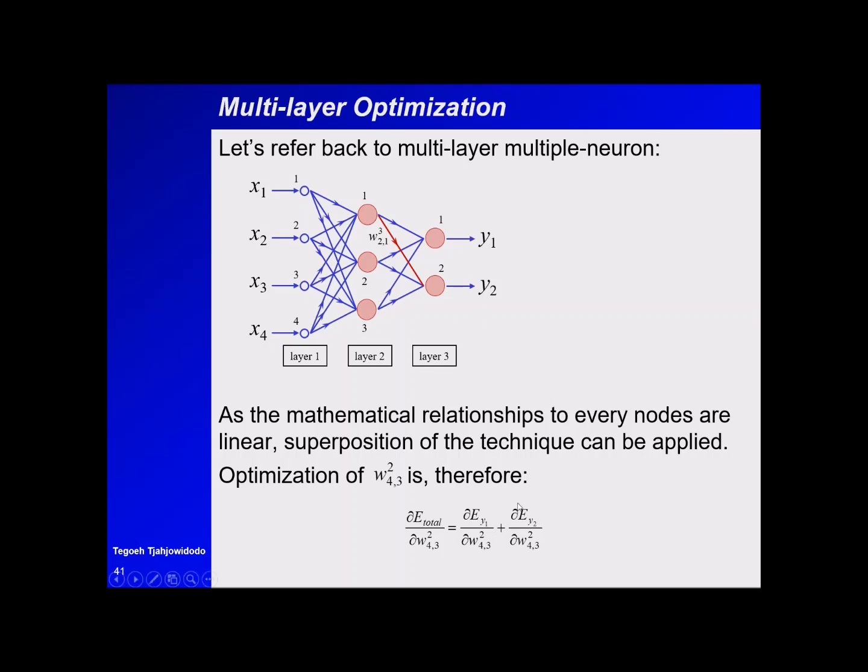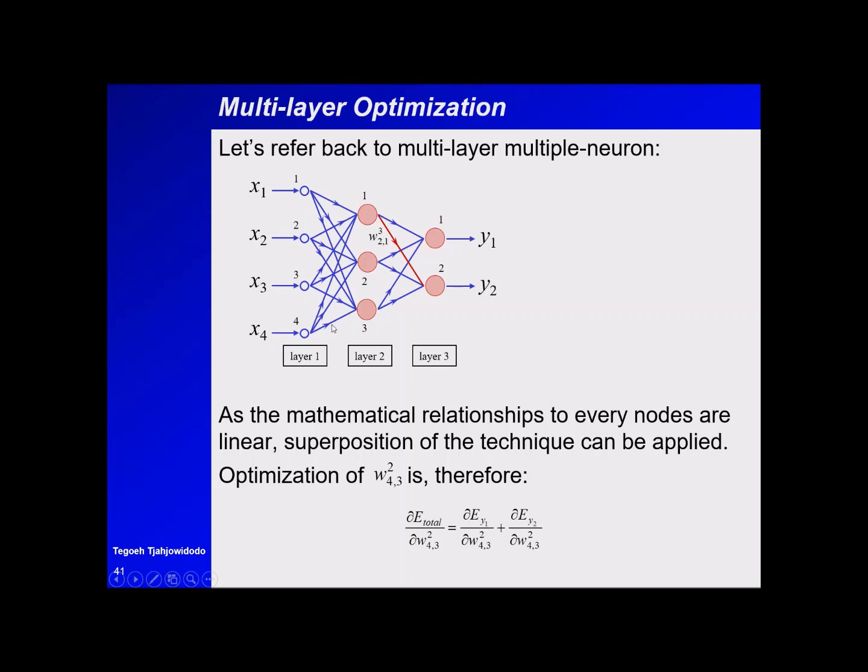Therefore, when you want to optimize, let's say W4,3 of 2, that means the weightage of the fourth neuron in the first layer, connected to the third neuron on the second layer. So basically it's this one.